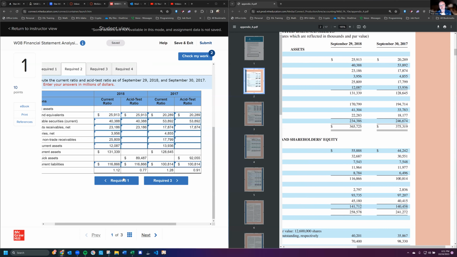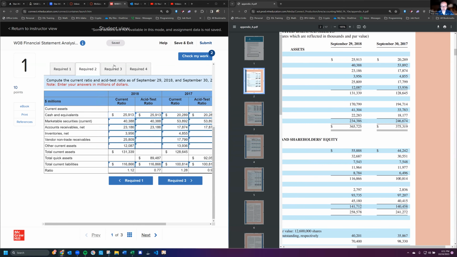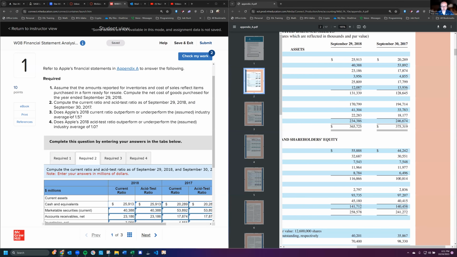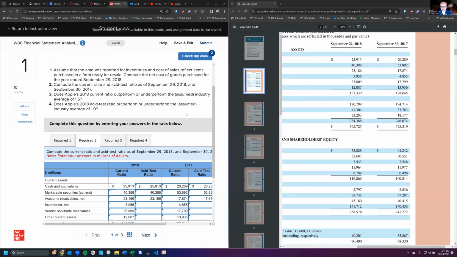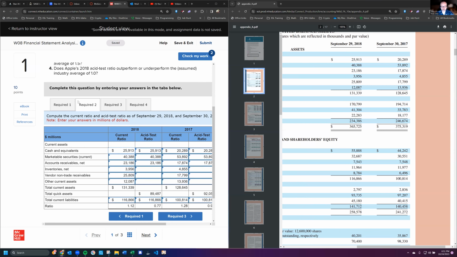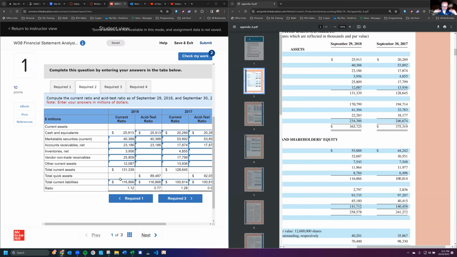So before we do the check my work, let's see what was required 3. Does Apple's 2018 current ratio outperform or underperform the assumed industry average of 1.5 current ratio? 1.5 is the bar, and 1.12 doesn't quite hit it, so it underperforms.